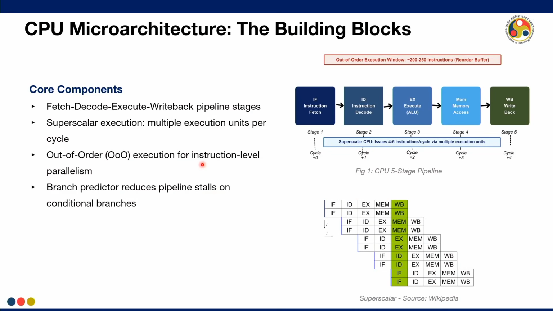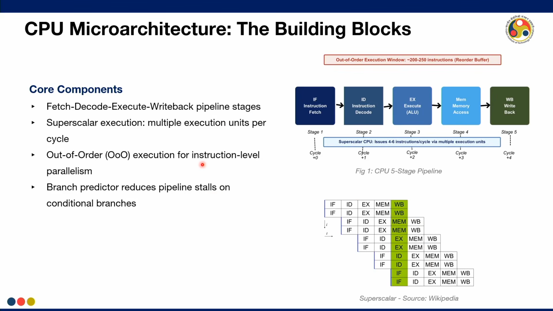If instruction 5, the next instruction, is ready to be executed, it will be executed. So the order of execution is no longer sequential, but rather based on the dependencies we can execute in out of order fashion. This out of order execution enhances the instruction level parallelism and also the performance of the CPU.